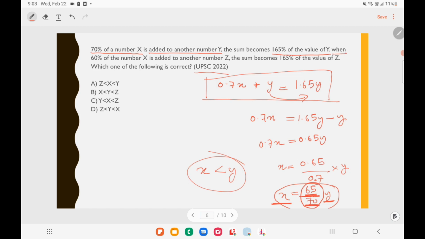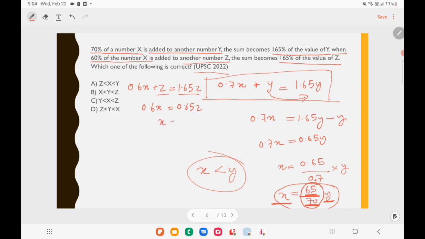Again, the second part of the question says that 60% of x, that means 0.6x, is added to z, and you will get 165% of z, that is 1.65z. Now again, just like before, we'll solve this one. You will get 0.6x is equal to 1.65z minus z. You will get 0.65z.